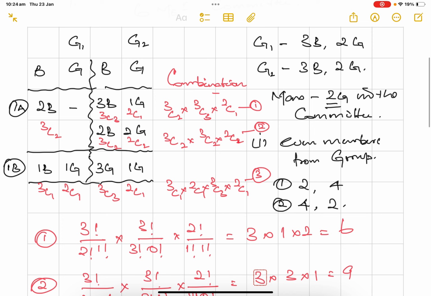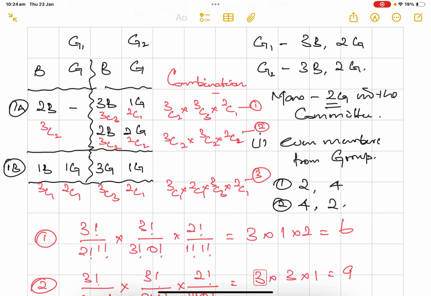Even number of members from the group. We have a 6-member committee, and if you are selecting even numbers from group 1 and group 2, there are 2 possibilities, 2 and 4 or 4 and 2, no other combination we can think of. Right, so just 2, 4.